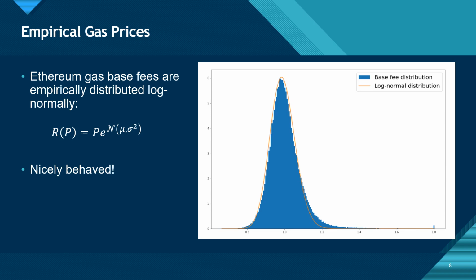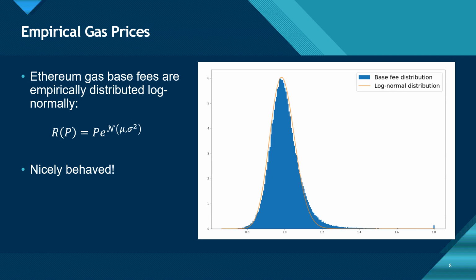So to see that our assumptions on the gas price fluctuations actually hold in real life, we took data from 2 million Ethereum blocks, and we actually see that the distribution of the base fee in Ethereum is distributed log normally, which means the logarithm of this distribution is a normal distribution.